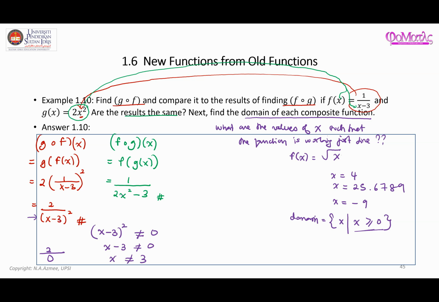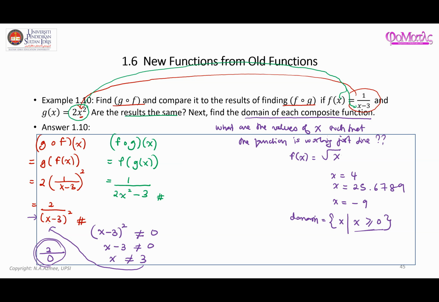Other values are fine, but x cannot be equal to 3. You can simply check what happens if you substitute 3 into this. Then you will get 3 minus 3, which is 0. So 0 squared is going to be 0. Then you are going to have a problem because 2 over 0 will become undefined.